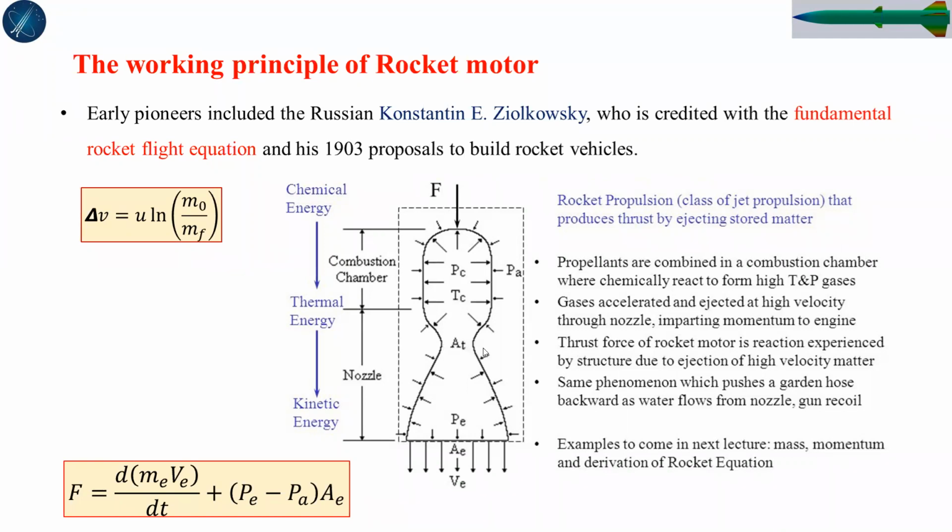So after the throat, you can see the divergent section, which helps to accelerate the ejected matter to move at high velocity through this area. Here there is low velocity, that is the subsonic region, in the convergent region. At the throat, it is considered as Mach 1, which means a transonic kind of flow.